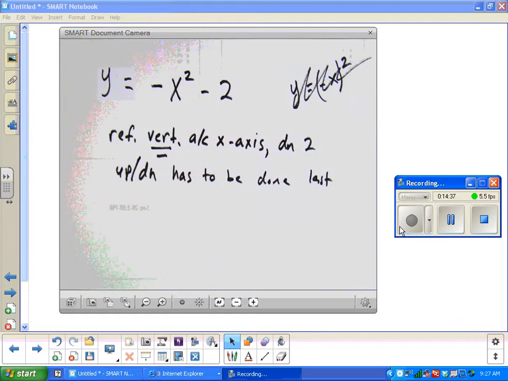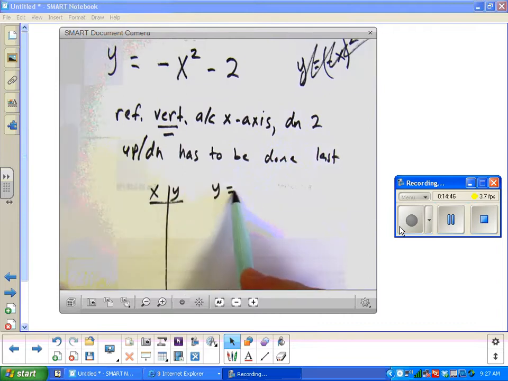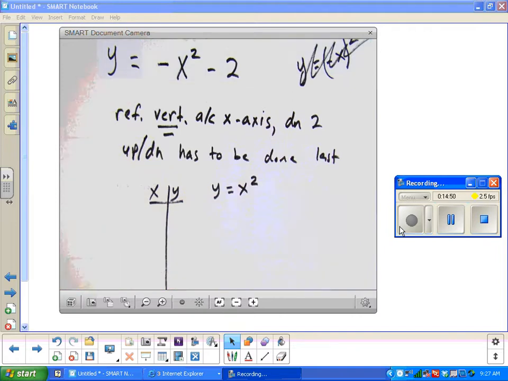Okay. Now let's look at a t-table for this one. All right, what's my parent graph here? Yeah, y equals x squared. Okay, so from -2 to +2. And so how do we get these values?